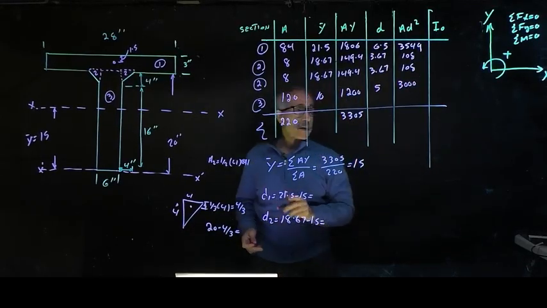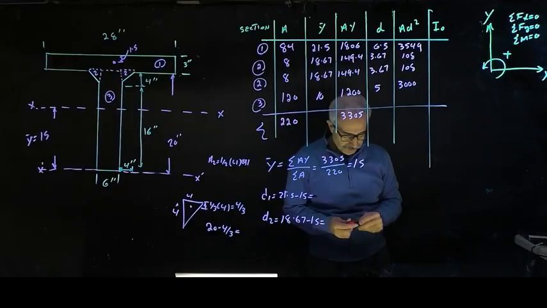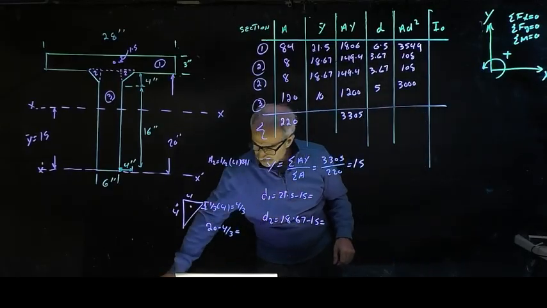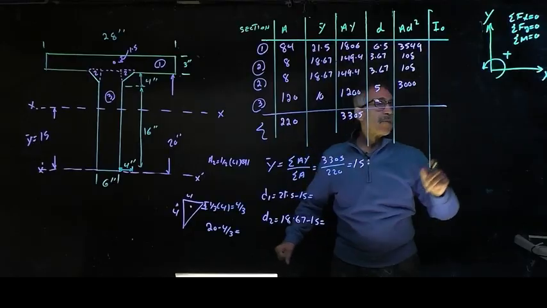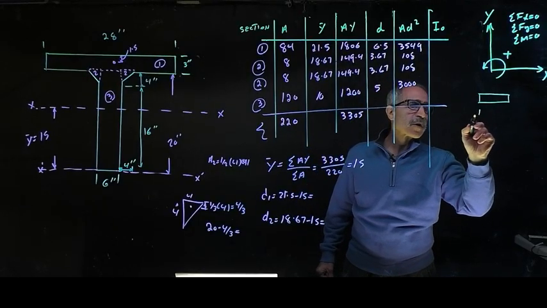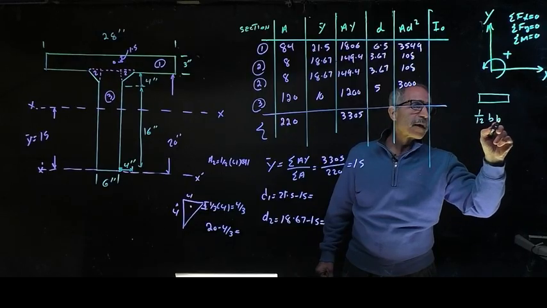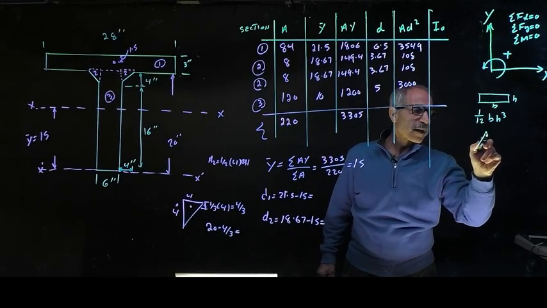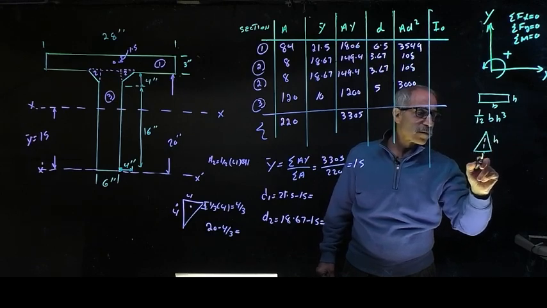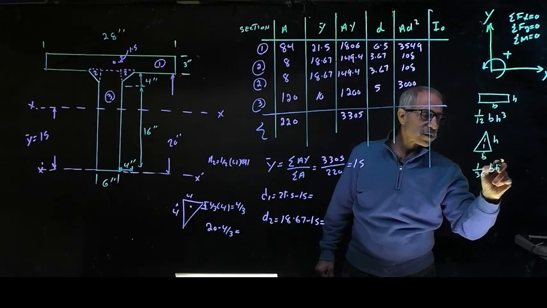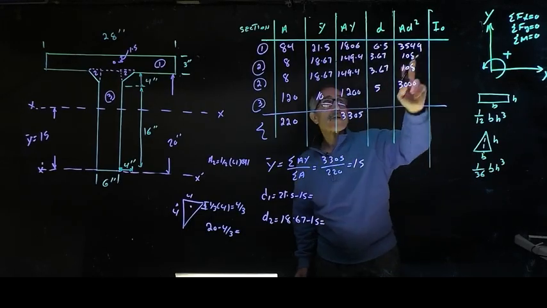All right, let's do the moment of inertia. I want to come in here and show you something. The moment of inertia for a rectangular or square shape is 1/12 bh cubed, where this is h and that's b. For a triangle, this will be the h, this will be the b, it's 1 over 36 bh cubed. All right, so now we're going to find Io.